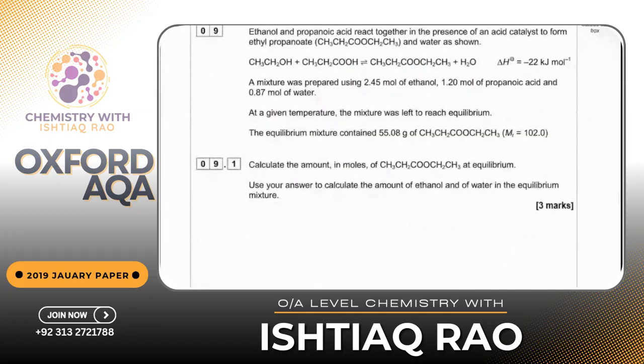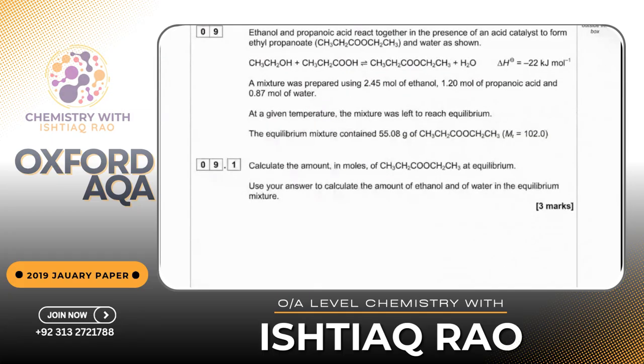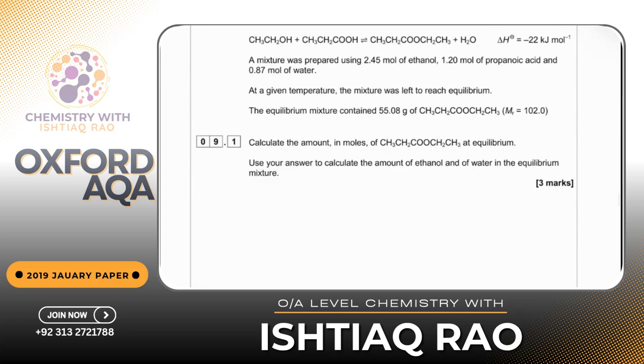Now see this. Calculate the amount in moles of CH3CH2COOCH2CH3 at equilibrium. Use your answer to calculate the amount of ethanol and of water in the equilibrium mixture.